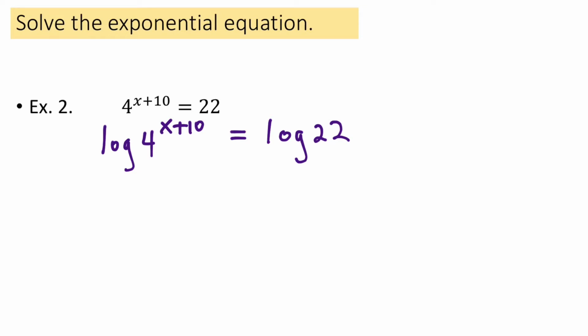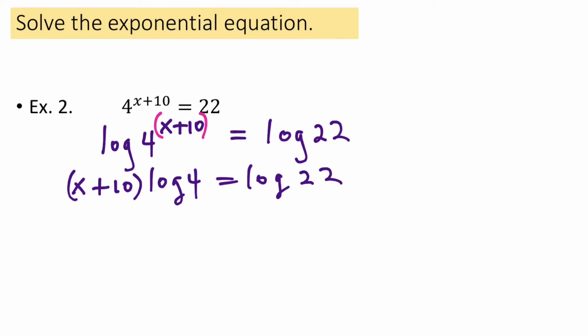And then I'm going to use the power rule for logs that says I'm going to take this power, which is all of this, and I'm going to put it out front here. So I'm going to say x plus 10 times the log of 4 is equal to the log of 22.